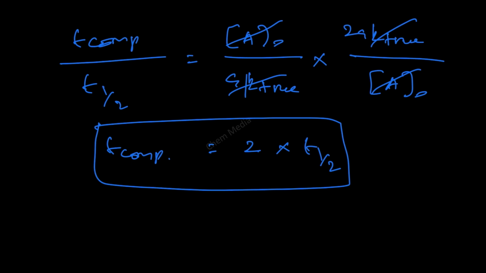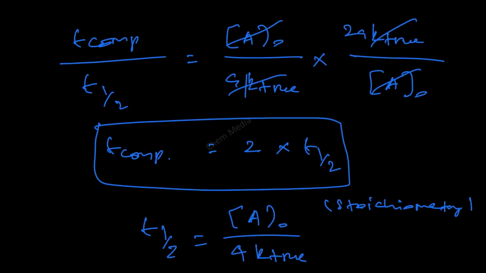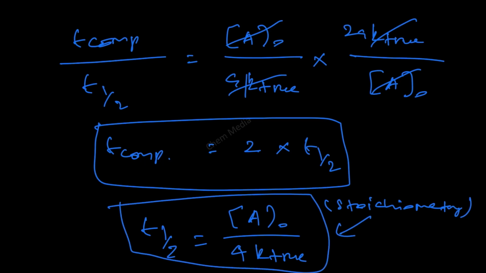by considering stoichiometry, if we do consider stoichiometry, then T half will be initial concentration divided by 4 times K true, not 2 times K true. It would be 4 times K true if we consider stoichiometry. This is the relation that we use, isn't it?